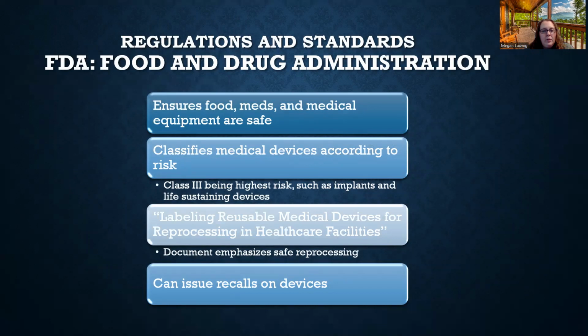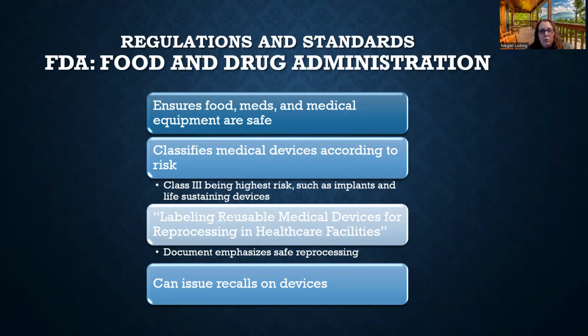Labeling, they have this document called Labeling Reusable Medical Devices for Reprocessing. So always check to see if something can be reprocessed. Some things are capable, but not everything. So you don't want to accidentally send something for reprocessing that shouldn't be. It could damage the item. It could make it not safe for use.